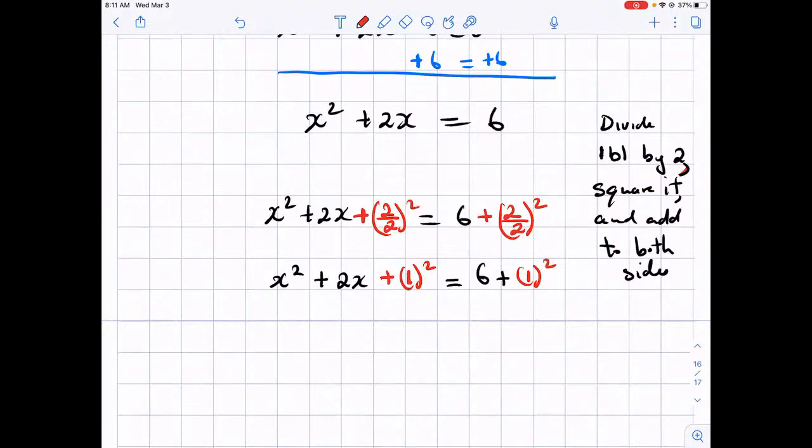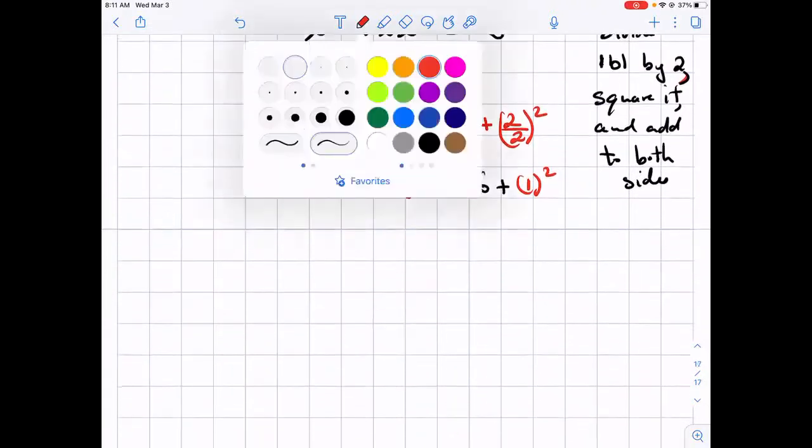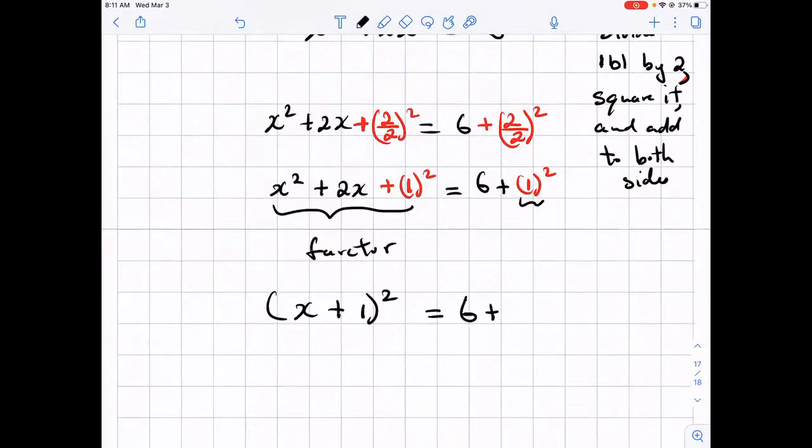So if we do this, what I'm going to do now is factor this side here. If I factor this, I will get x plus 1 quantity squared, and that is equal to 6 plus 1 squared, which is 1.